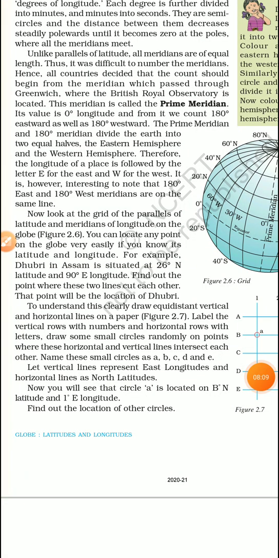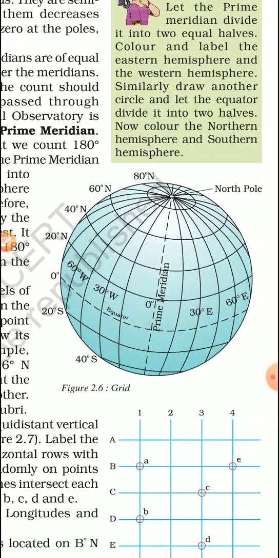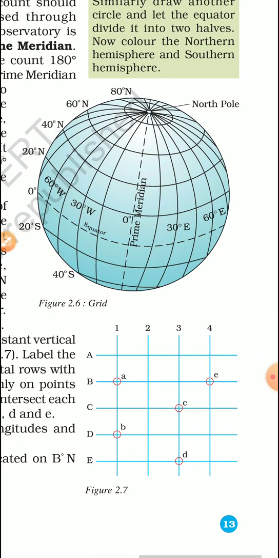So, students, it becomes very easy for us to locate any point on the earth if we know its latitude and its longitude. In this picture, we can see a grid. Grid is basically the figure which is created where the latitudes, that is the horizontal, and the longitude, the vertical lines meet.